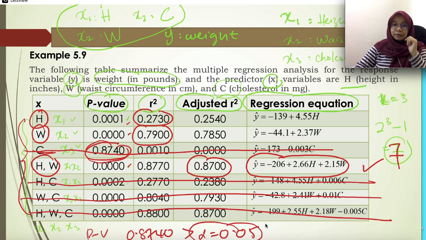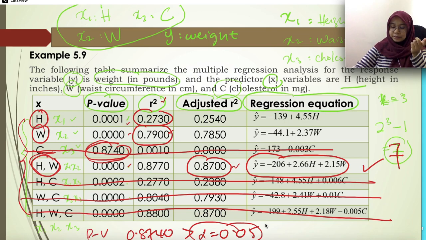Then you look at the R square and adjusted R square. For H, it is a simple linear regression, so we look at the R square. Also for W, it is a simple linear regression, so look at the R square. For HW, it is a multiple linear regression, so we look at the adjusted R square. Then we compare these three, which one is the highest?